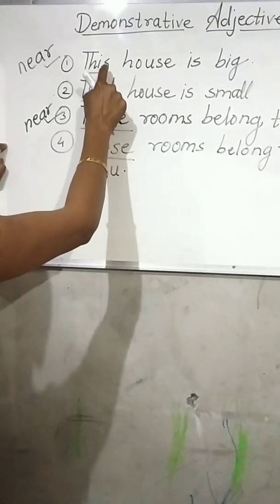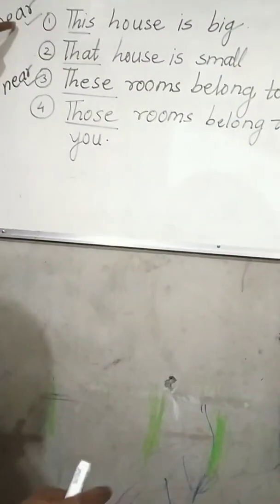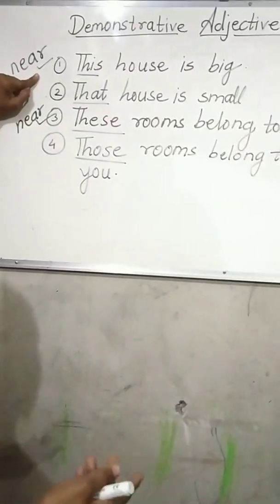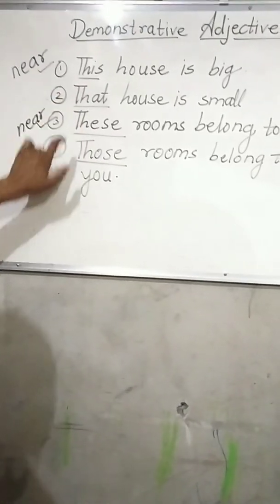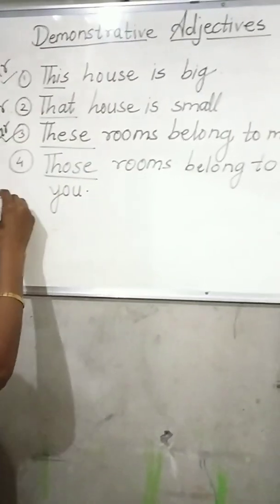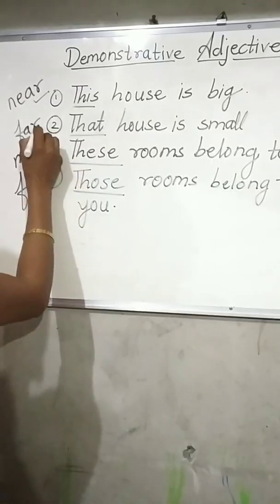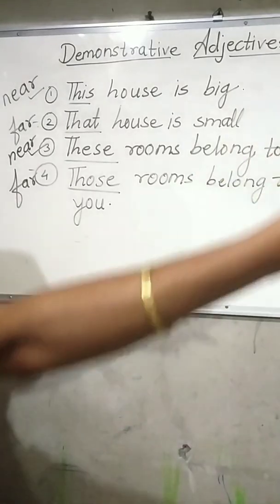Okay, this and these, you use when the noun or the thing which you want to point to is near to you. The remaining ones are that and those. This you can use for the thing which is far from you, away from you.